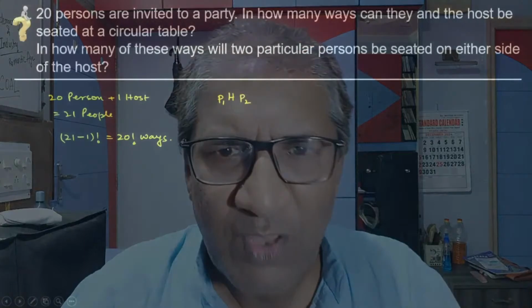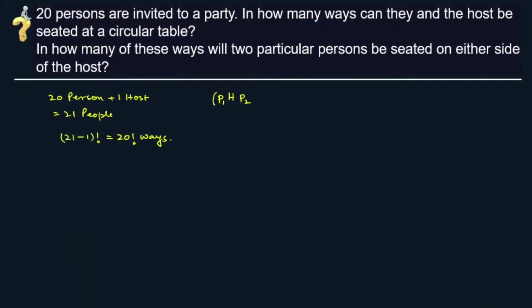How to do this? Simple. Let us make P1, H and P2 as my one unit, because wherever they move, they will move with that complete set. So eventually your 2 particular persons P1 and P2 will always be on either side of the host H. Clear?